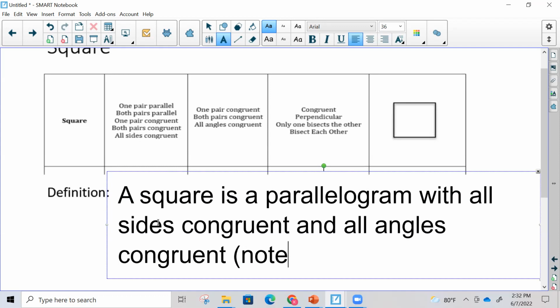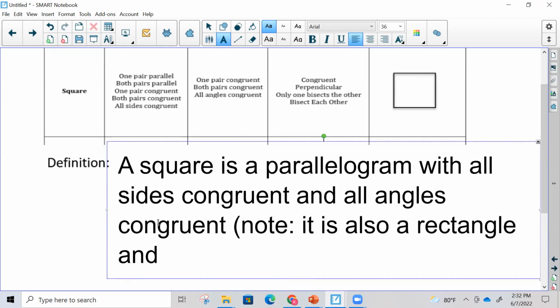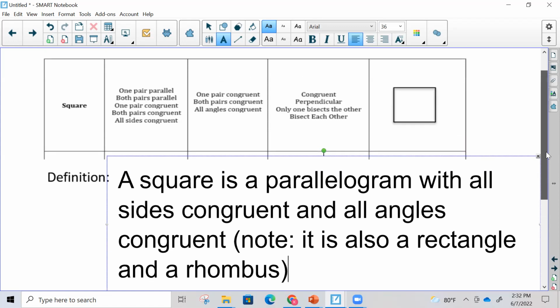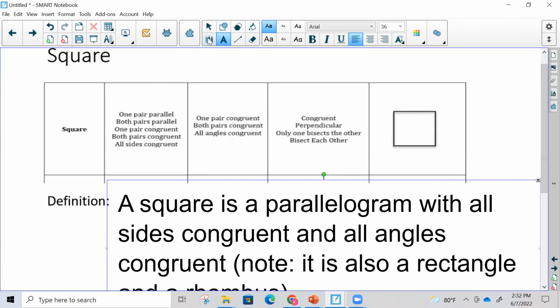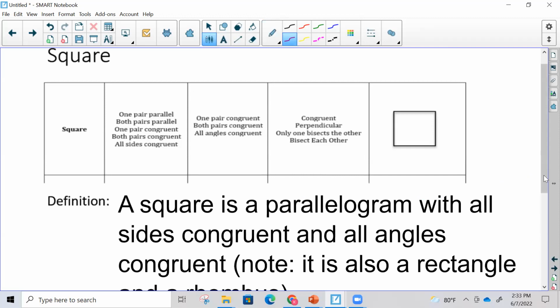Okay, and just note it is also a rectangle and a rhombus. Okay, and of course a quadrilateral, since all of these are quadrilaterals.